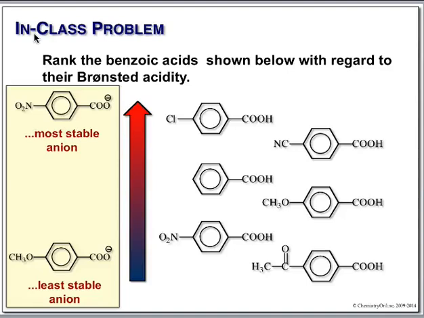If it's less stable, it is a weaker acid. More stable the anion, stronger the acid. So our strongest acid is going to be here with nitro, isn't it? Then we're going to go through things like the cyano, the acetyl, the carbonyl here, the chlorine. Going to hit the benzoic acid in the middle somewhere, and this is going to be our weakest acid.